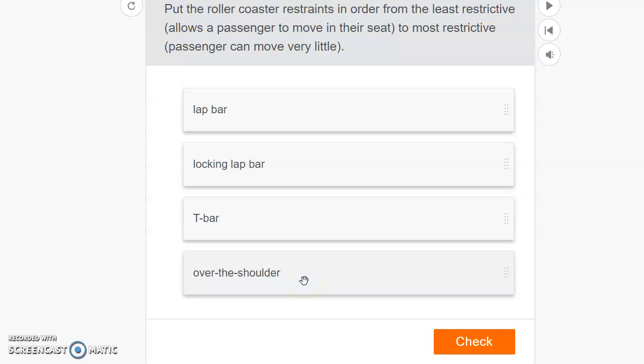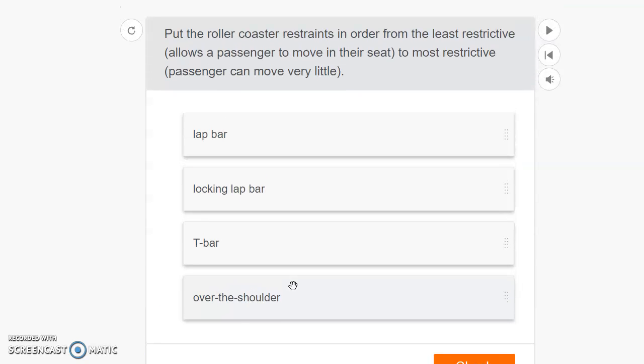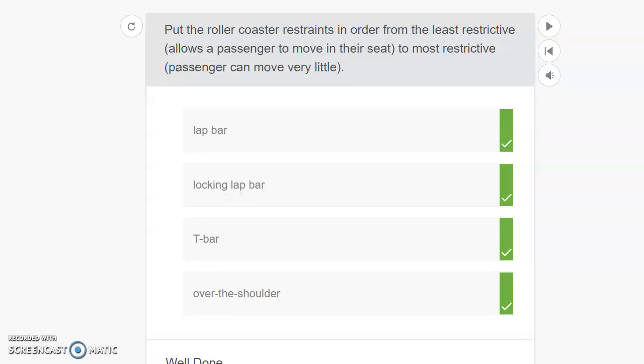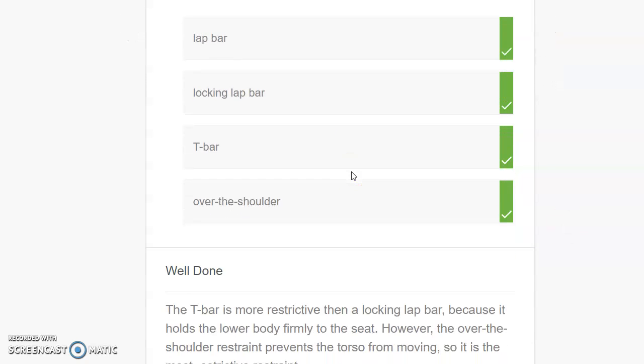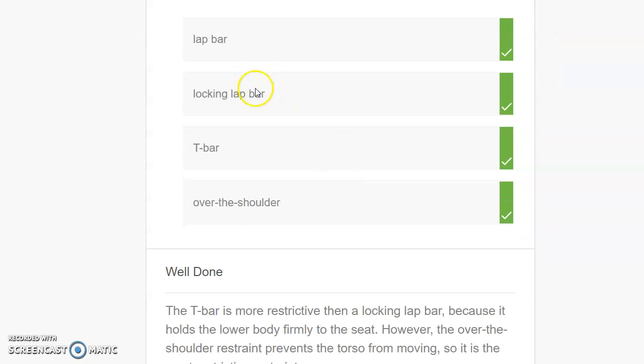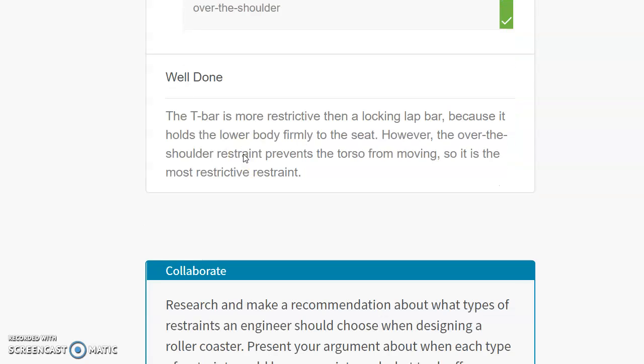If you have a T-bar, I think that's where it's covering your legs as well as your lap. And then over the shoulders is most restrictive because that's restricting the top part of your body and the bottom part. Okay, so there we go. It should go lap bar, locking lap bar, T-bar, and over the shoulder.